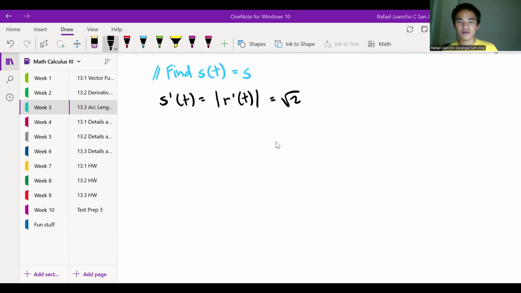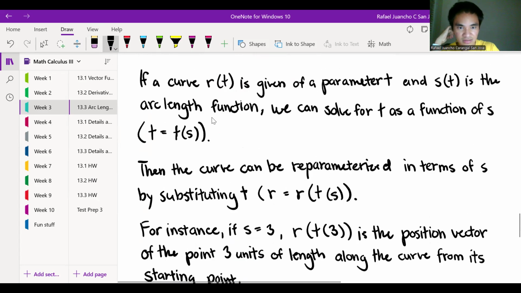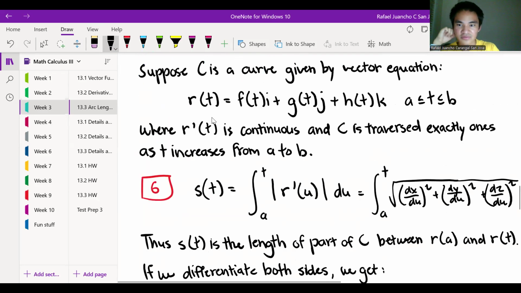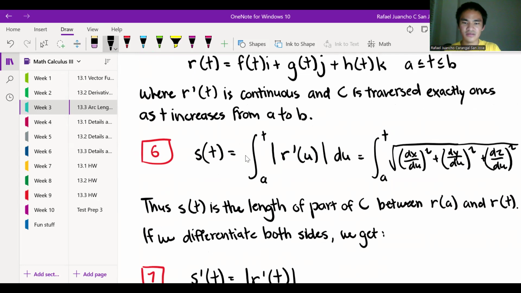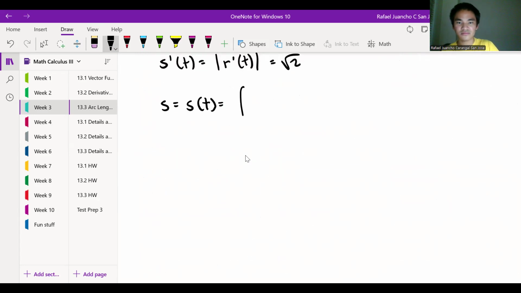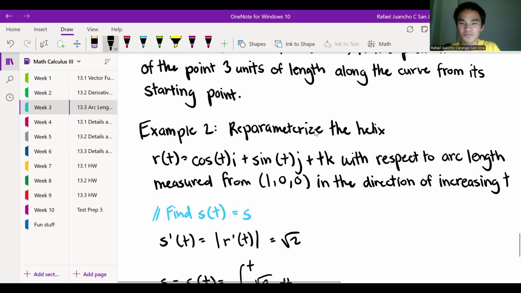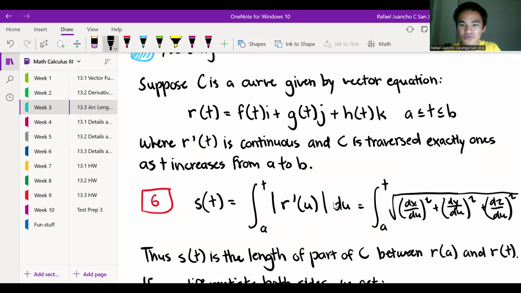And so we use that formula to get s of t, which is equal to the integral from 0 to t of the length of r prime of u du.